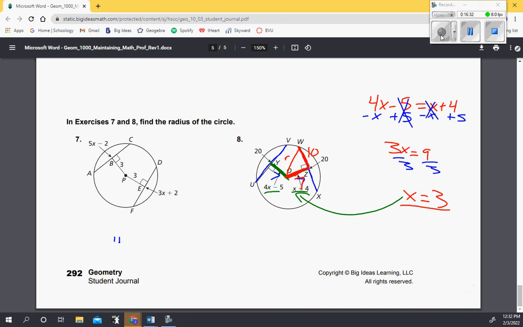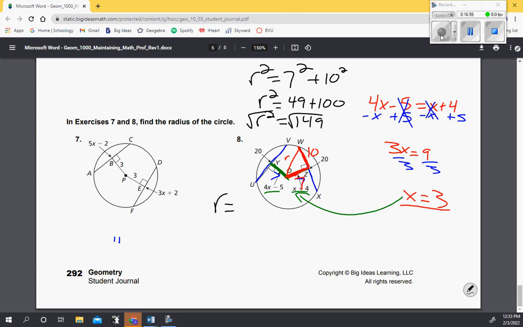And solve it the exact same way we did the last problem, where we have R squared is equal to 7 squared plus 10 squared. R squared is equal to 49 plus 100, which is 149. And the square root of 149 is 12 point, take out a calculator, you got to think about this one.